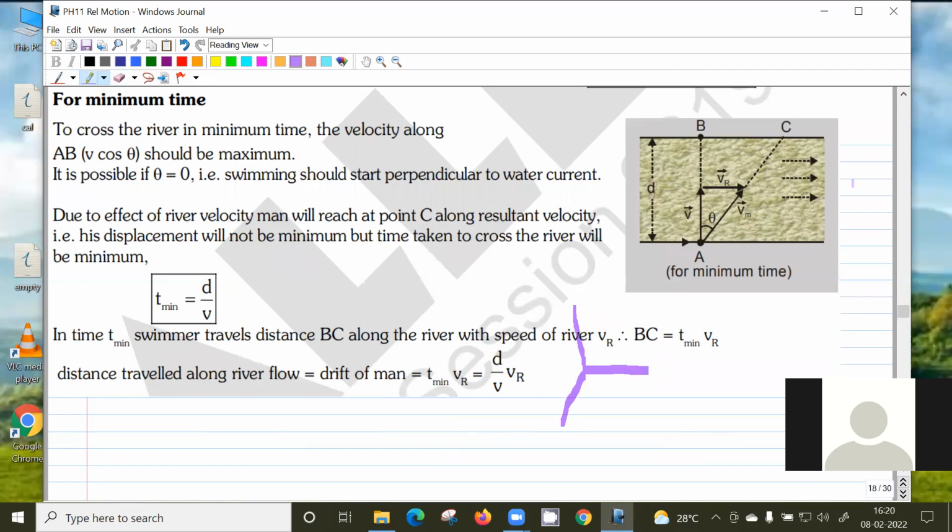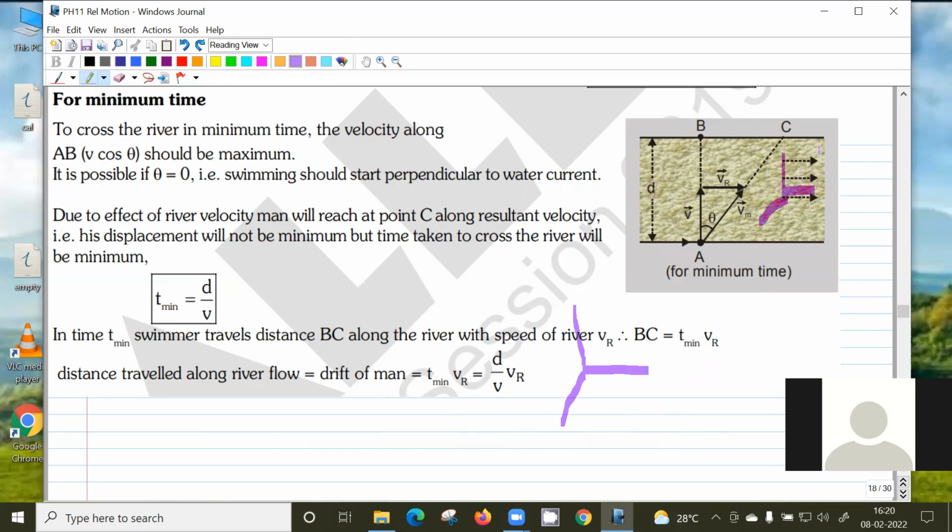If you take a frame attached to the bank and another attached to the river, the clock in both frames will move at the same rate. But the distance measurement will change. So since the clock timing is the same, it's easier to measure this way.